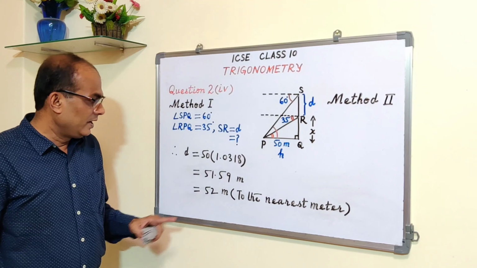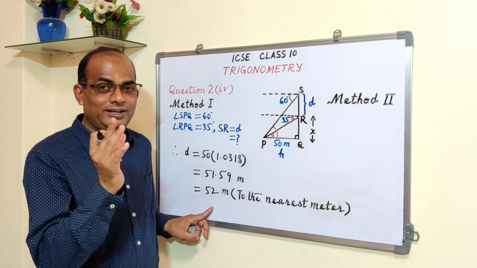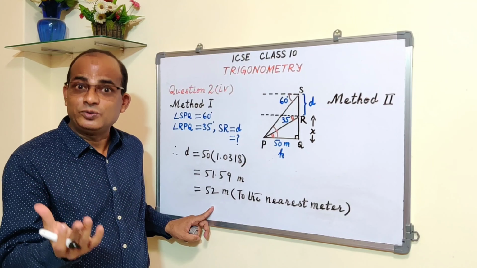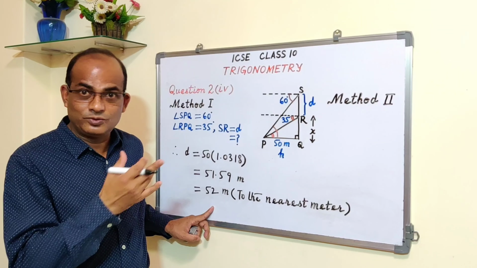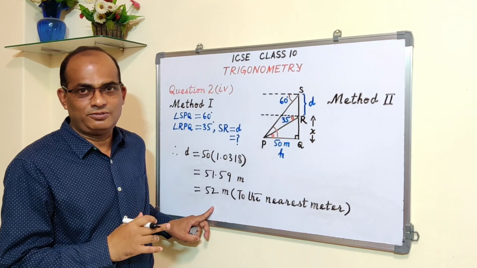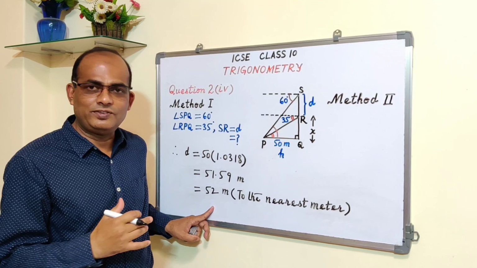But the question says that you give your answer correct to the nearest meter. For this small one step which you know, you didn't read the question carefully. That's why I have made one or two videos on do's and don'ts, important points, please go through that. There I'm mentioning that please read the question carefully, all the sub questions.